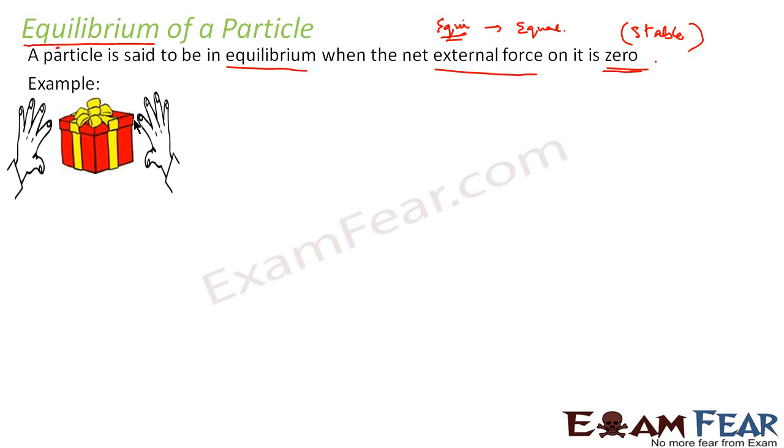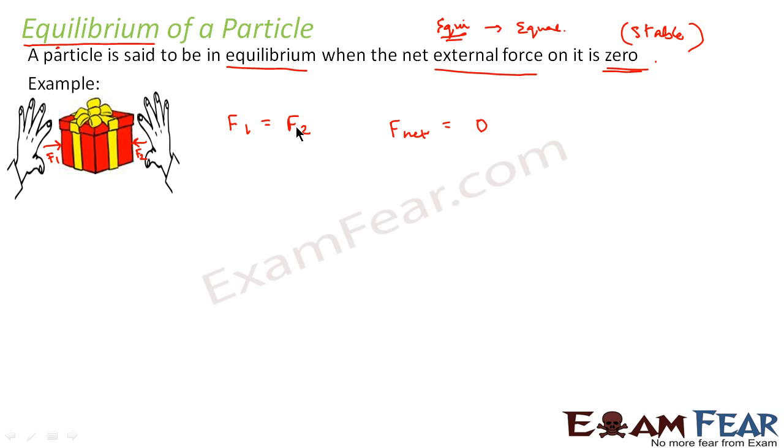Let us suppose that we have a box this way. Now we push this box from this end with force F1, and push this box from this side with force, say, F2. Now if F1 is equal to F2 magnitude wise, and since they are acting in opposite directions, the net force on the box is equal to 0, right?